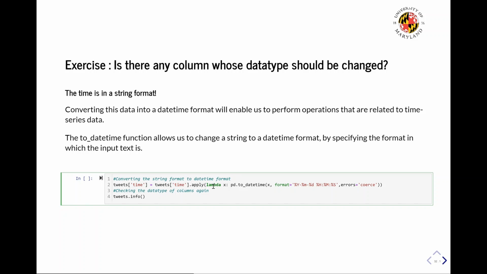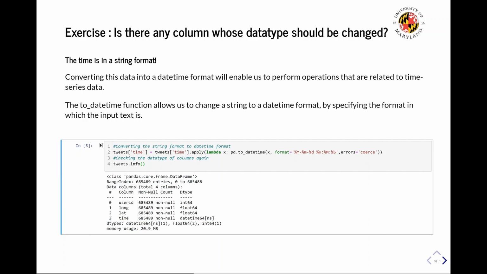It saves a lot of time. So let's execute this, and then we'll again check how the data set looks. Here we go. So the time is now stored in a datetime format and no longer is in a string format.